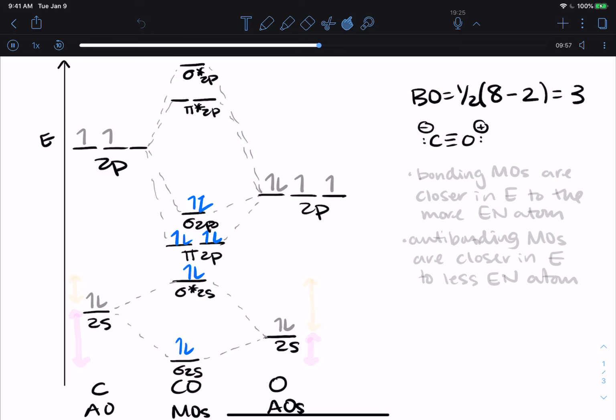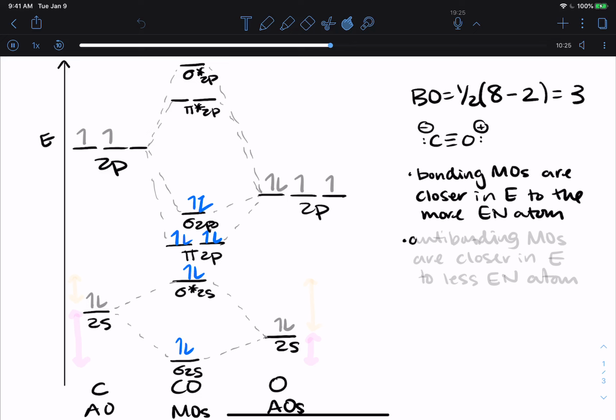So the bonding MOs, the way we describe it, bonding MOs are closer in energy to the oxygen atomic orbitals, but instead of writing oxygen, are closer in energy to the more electronegative atom.